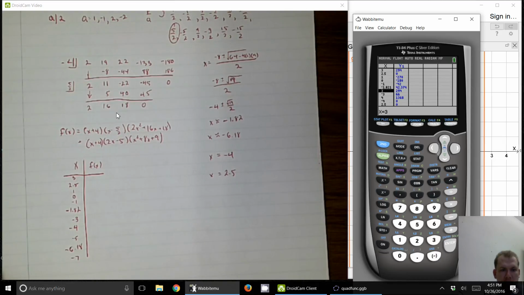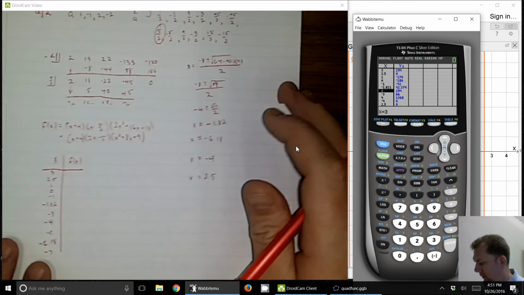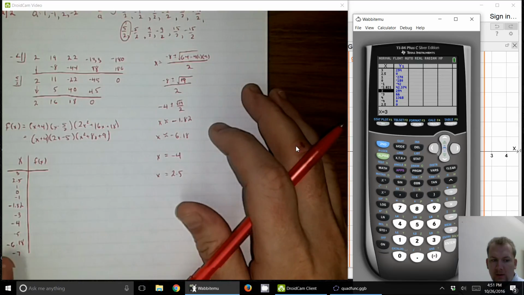2, 16, 18. Factored out the 2. So I'm thinking that's right. Okay, so negative b plus or minus the square root of b squared minus 4 times a times c. That's where I said that was 45, but that's 36. That's why you want to put these numbers in here.